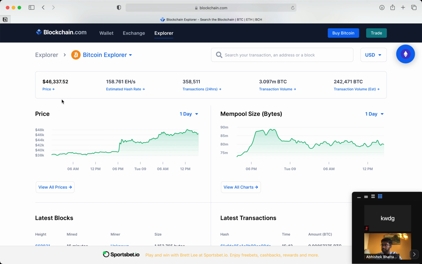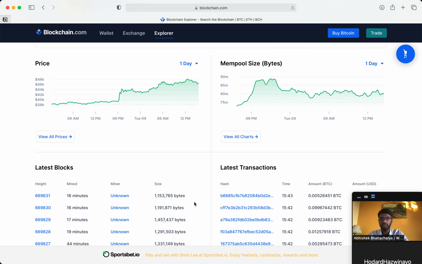So a very good thing happened just last evening when I was giving a slightly more technical lecture to one of the management institutes in India. In the evening itself, around noon for you, we opened this blockchain explorer. We looked at the price, which was exactly 40,000 some dollars at that time.